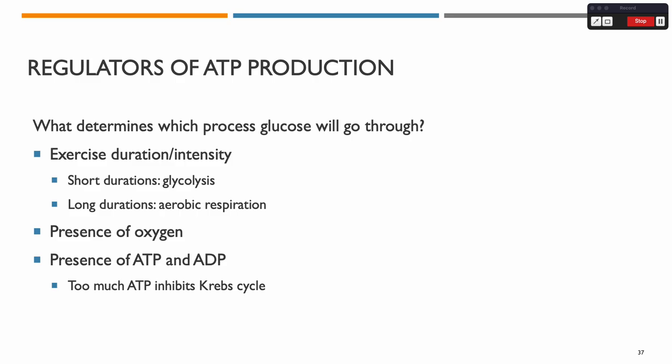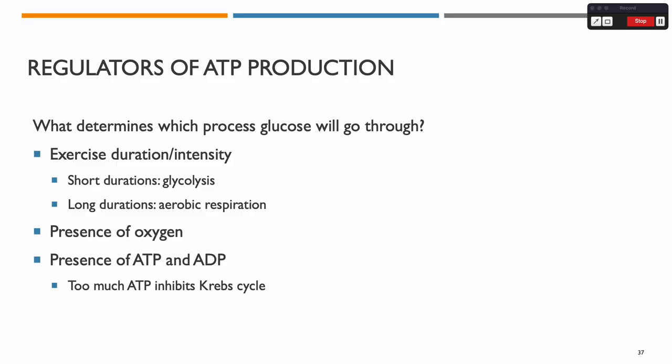So realize when it comes to the regulators of ATP production, what determines the process glucose will go through is a few things like we've mentioned through this whole lecture, which is exercise duration and intensity. The higher the intensity and the shorter the duration, the more likely we're going to be using glycolysis, and we're going to be using it anaerobically.